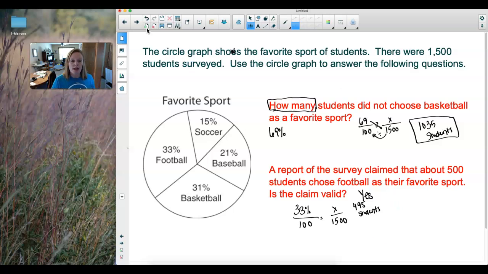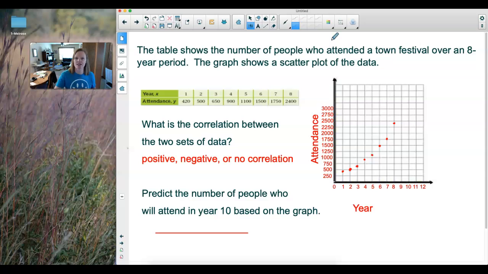Okay, you're also going to be asked to do a little bit of stuff with scatter plots. And you've been doing this the last couple days, so hopefully this is pretty fresh in your brain. Here we have some data about people who attended a town festival over an 8-year period. The graph also shows the scatter plot of that data. Remember, on a scatter plot, we don't connect the dots, but we can see the general trend of the data.